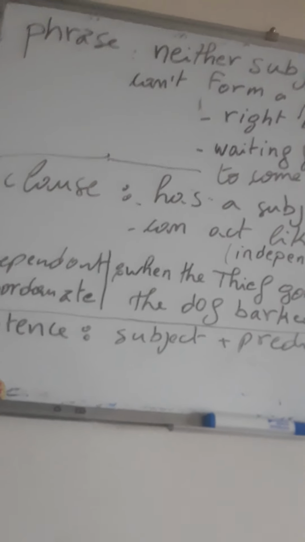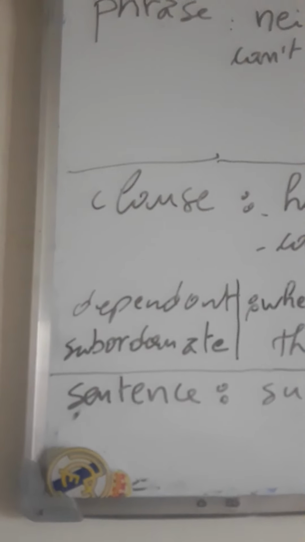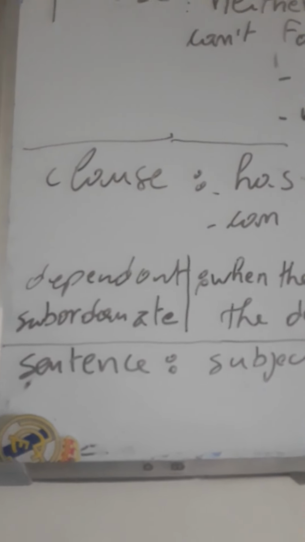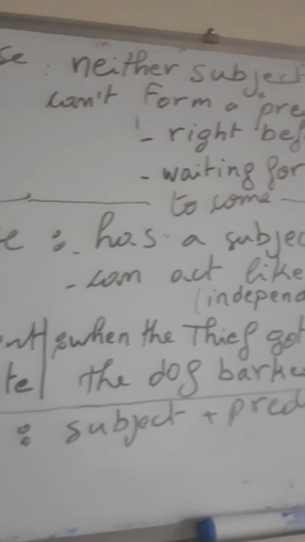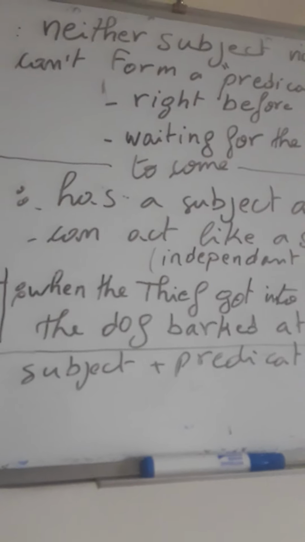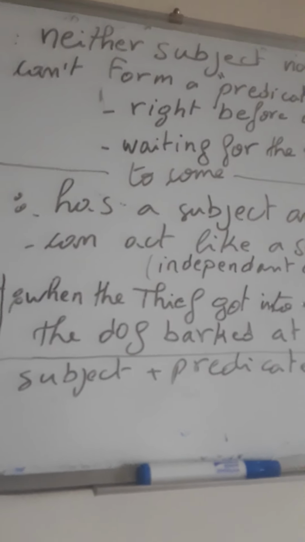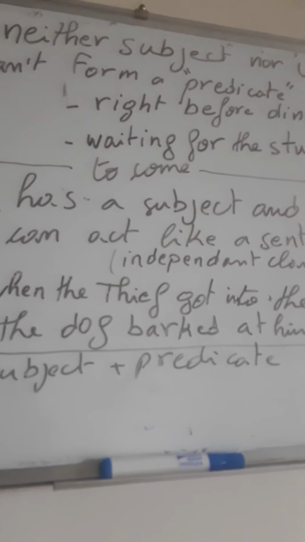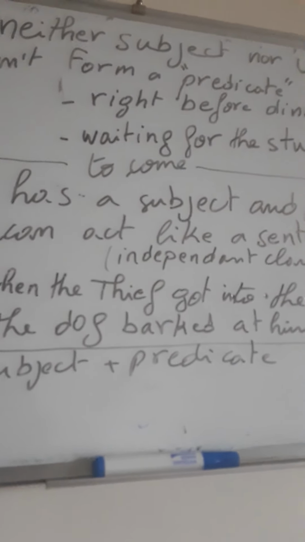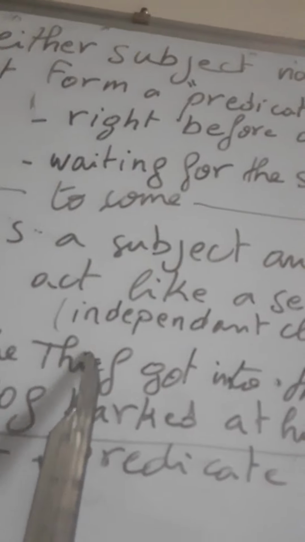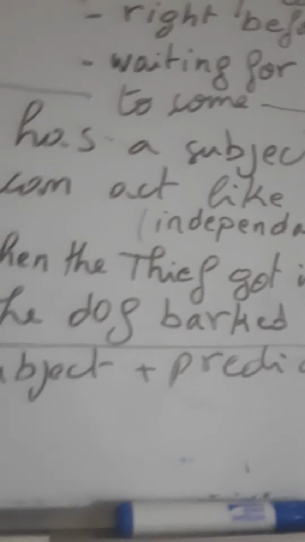And a clause is also a group of words that have both subject and predicate. You see here, it's different from a sentence, and it's different from the phrase. A clause can sometimes act as a sentence. This type of clause is called an independent clause. This is what we mentioned here. We say independent clause. All right.